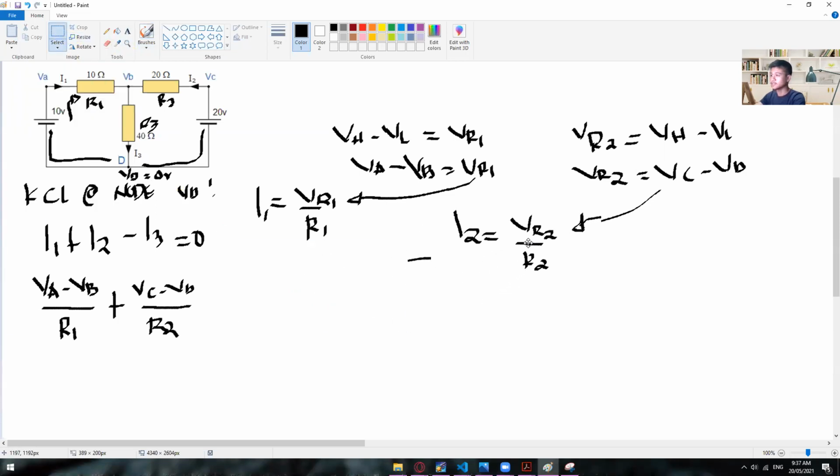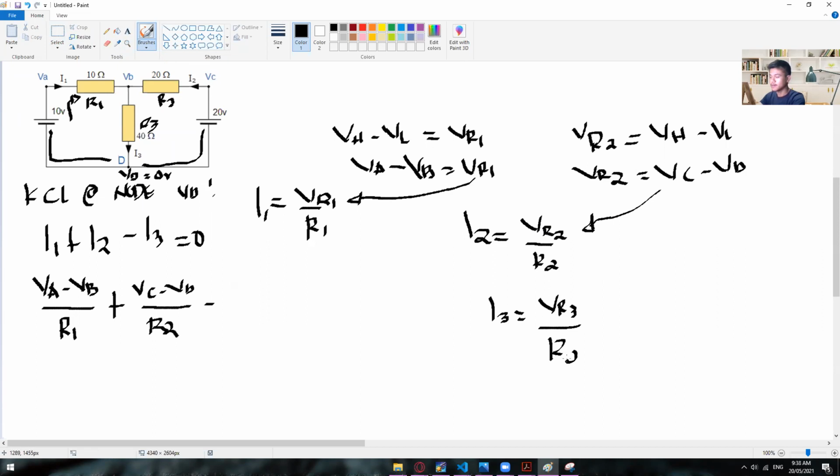Let me just move it right here so we can have more space for our I3. So the last one is minus I3, wherein I3 is equal to VR3 divided by R2. Same concept: we have the higher voltage minus the lower voltage.